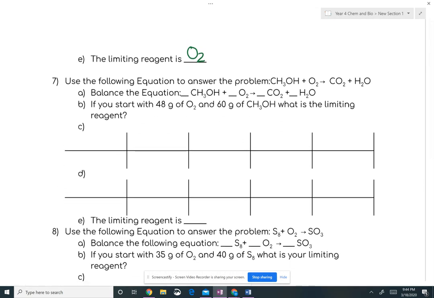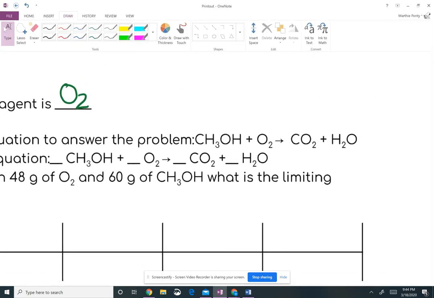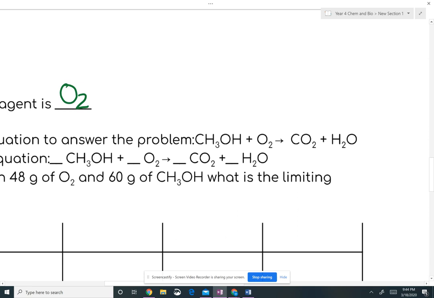My next one, same deal. I'm going to start by balancing out this equation. Since I have lots of hydrogens and oxygens, I'm going to make sure that I list these things out for you, and then we'll keep working through these problems. So let me list them down the middle.